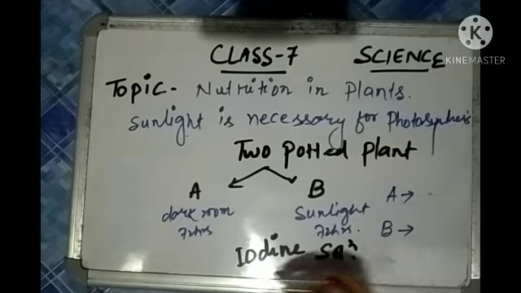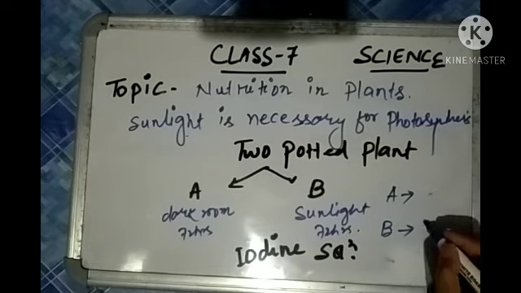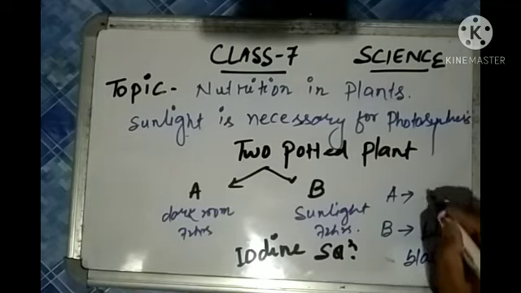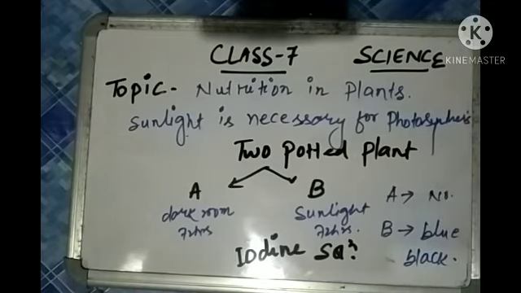When you take a leaf from both plants, A and B, and perform the iodine test, in the leaf of B you will find a change in color. What color will you find? Blue-black color. No change in the leaves of A. So blue-black color will be seen in the leaves of B, which confirms the presence of starch.